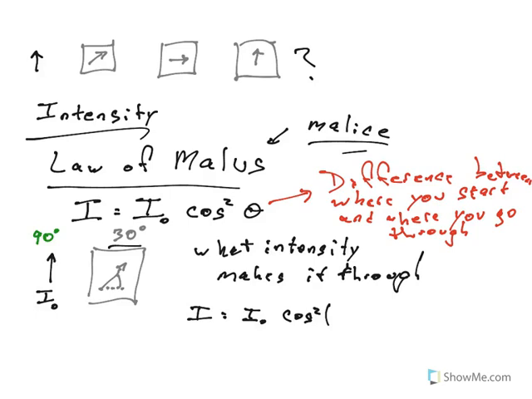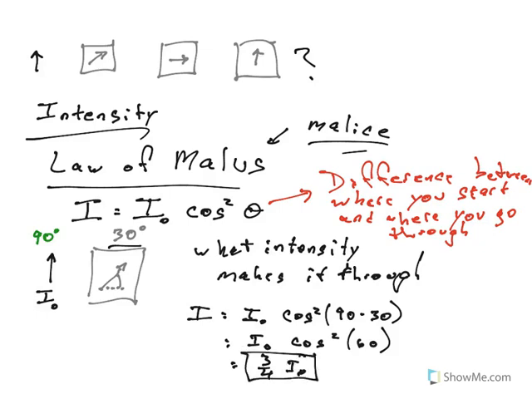So the angle is the difference between these two things. It's 90 minus 30. So I naught times the cosine squared of 60, which tells me 3/4 of I naught, or 0.75.